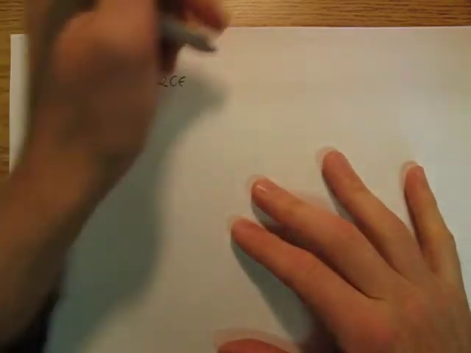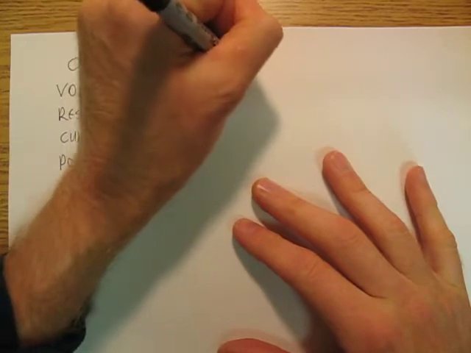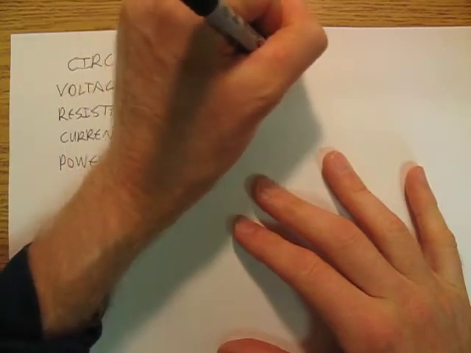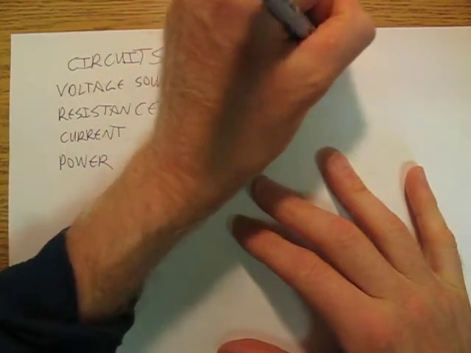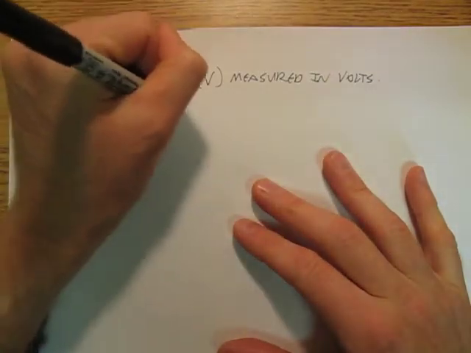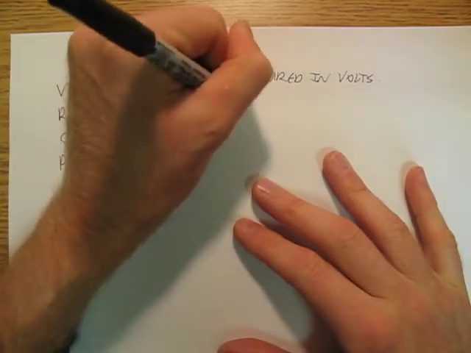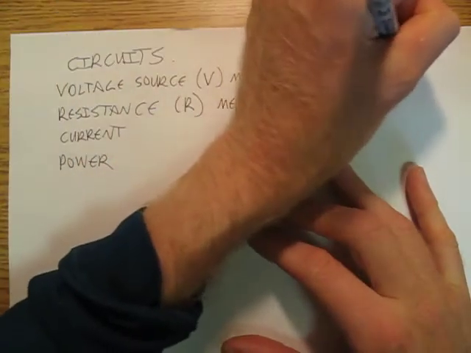So our voltage source is going to be V, measured in volts. Our resistance is going to be R, and that's also measured in ohms.